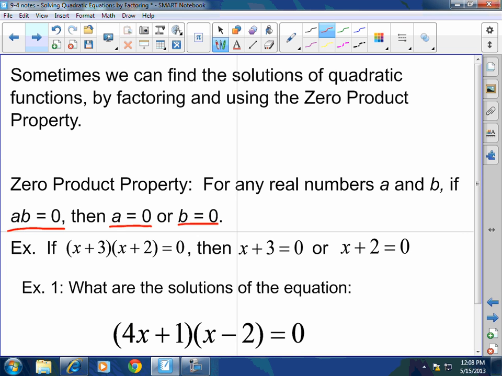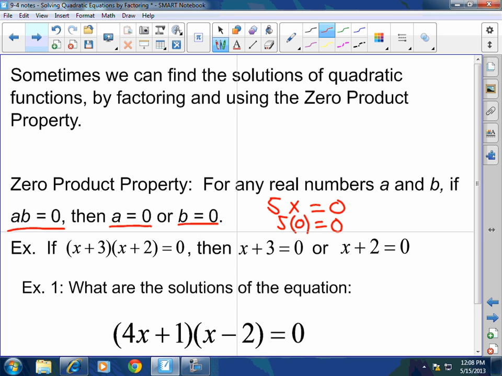Why? Well, if I have 5 times x equals 0, doesn't x have to be 0, because anything times 0 equals 0? That's the concept here. Whenever I have 2, 3, 4, 5, 20 things being multiplied together, if that product is 0, I have to set each individual factor equal to 0 and find what that value is.